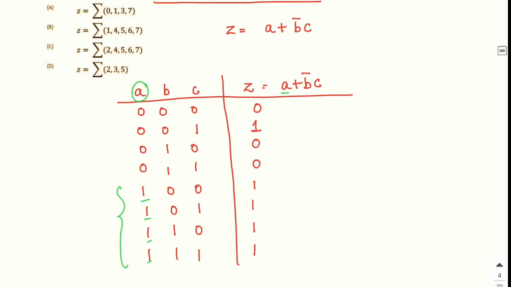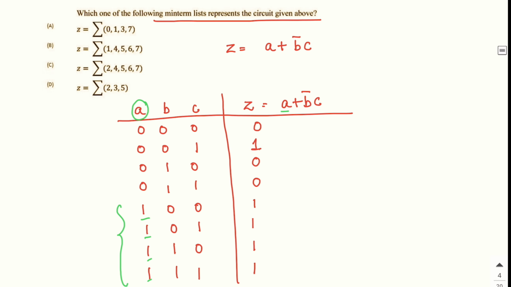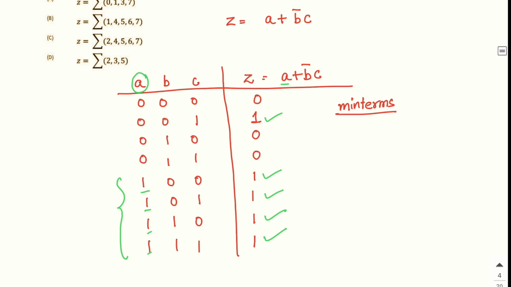Now the min terms are actually those numbers in the column for which you are getting a 1. So you can see I'm getting a 1 over here, here, here, here, and here. And we know that this is the number that is 0, 1, 2, 3, 4, 5, 6, and 7.